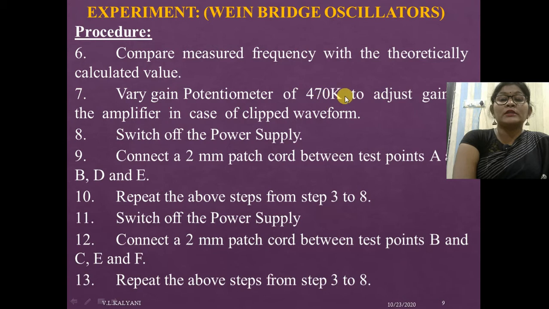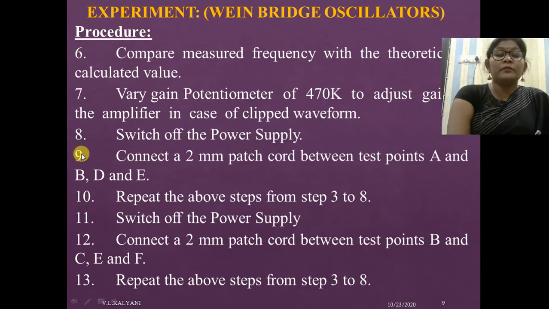We can adjust this variable resistor to adjust the gain of the operational amplifier in case of a clipped waveform. Then the next one is switch off the power supply and connect patch cords between test points A and D, B and D, and E.